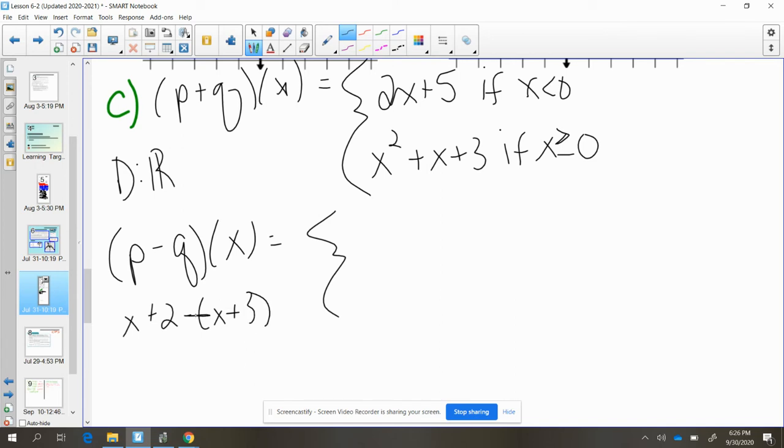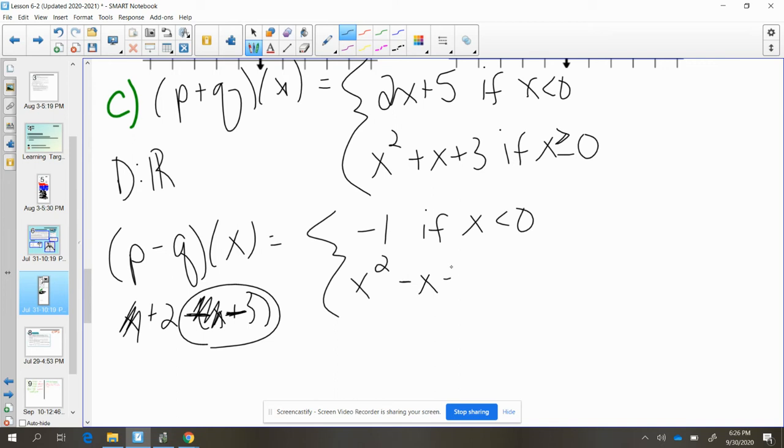Distribute that negative, this turns into negative, negative. So we end up with actually negative 1, because these two cancel. 2 minus 3 is negative 1. And for the second part, we end up with just x squared minus, again, parentheses, so x minus 3. And that's, again, if x is greater than or equal to 0.